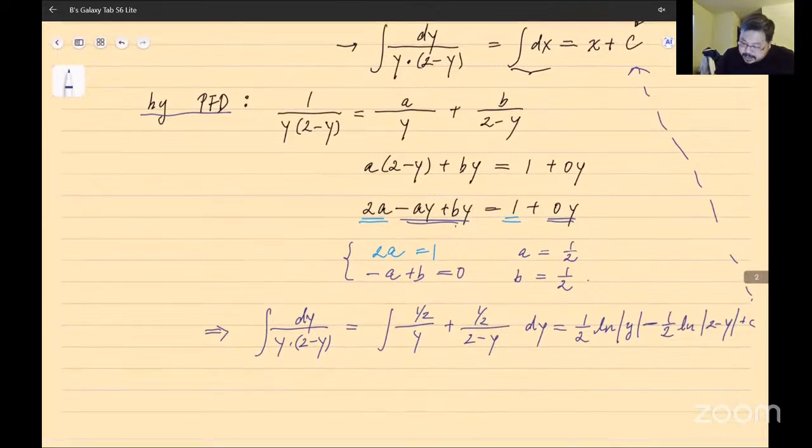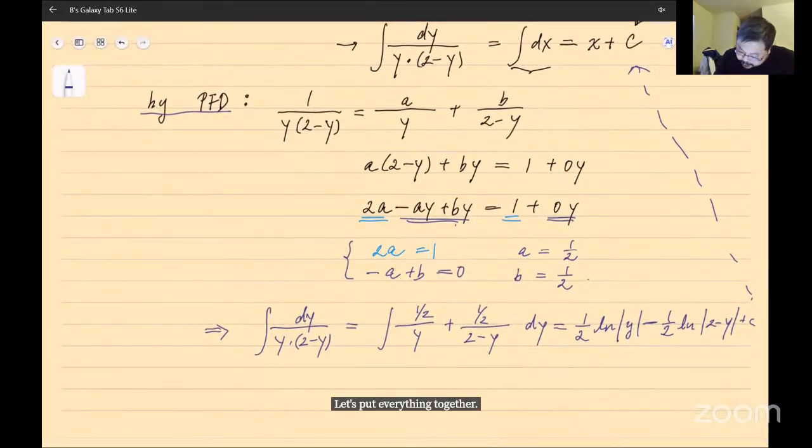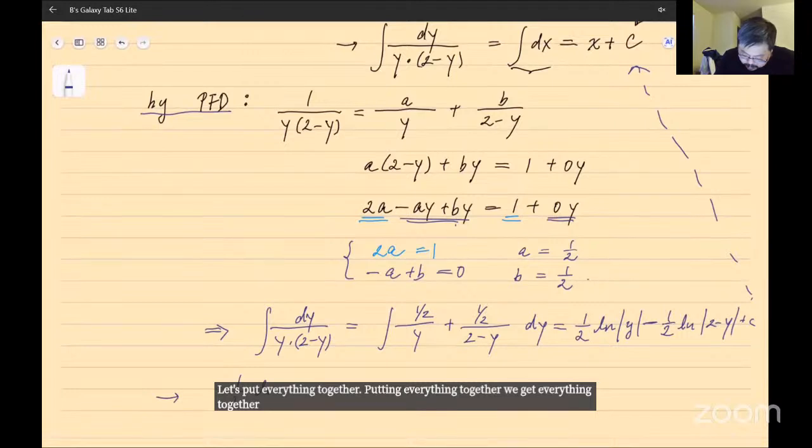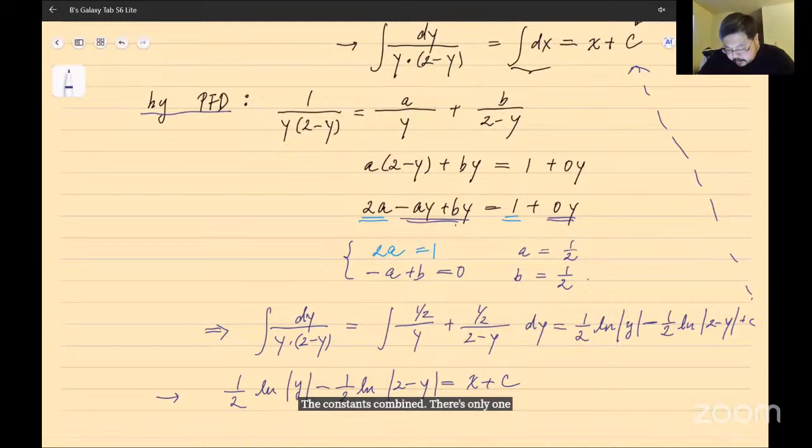Let's put everything together. Putting everything together, we get 1/2 natural log of absolute value y minus 1/2 natural log of absolute value 2 minus y equal to x plus c. Again, the c's combined, the constants combined. There's only one parameter here.